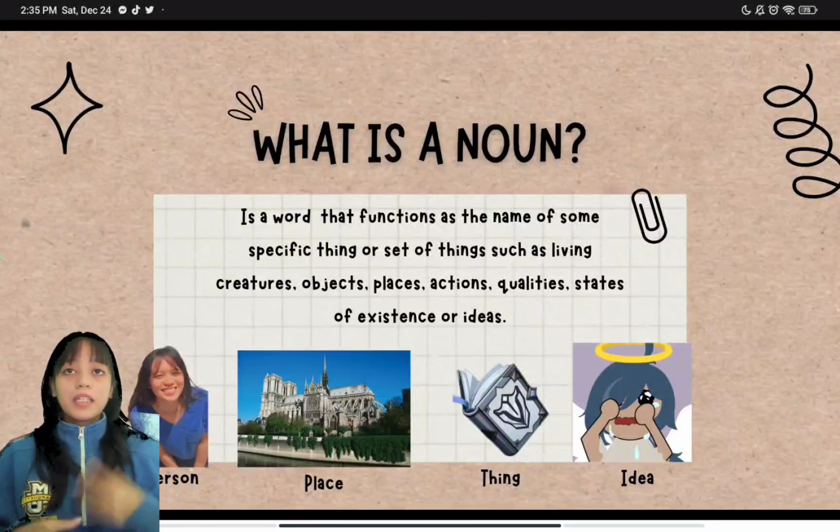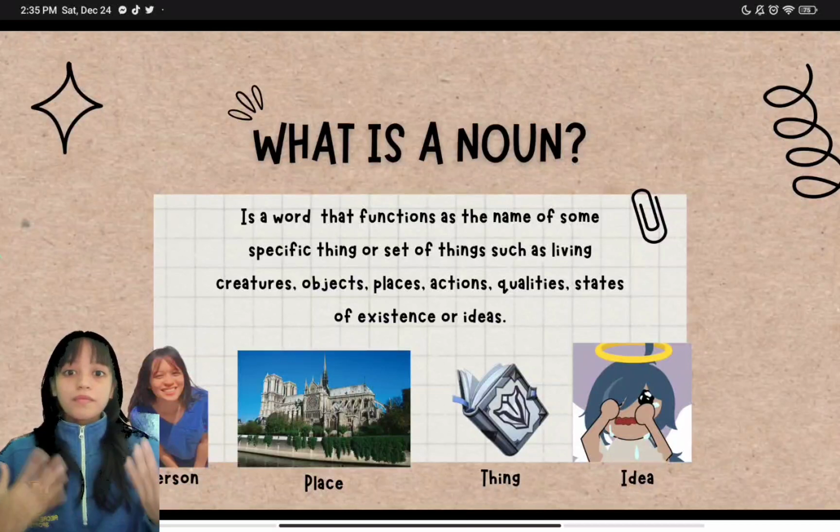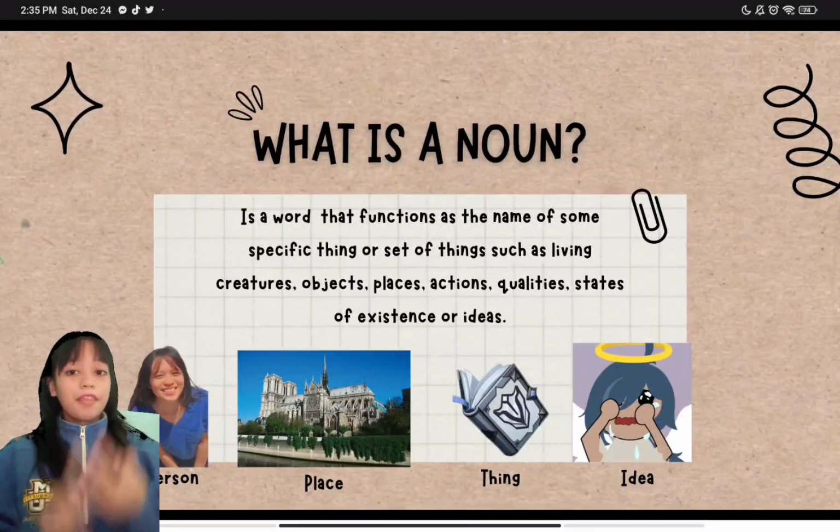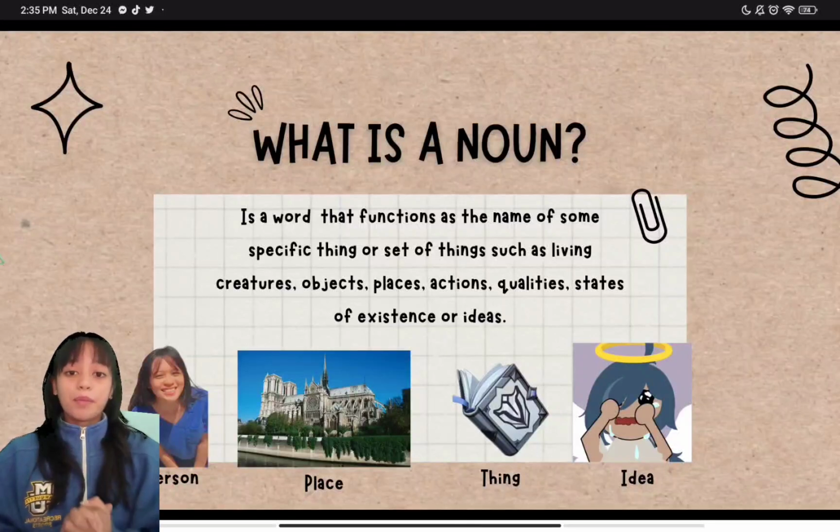So there are many identities, many labels for noun. A noun can be classified as a person, a place, a thing, or an idea. As you can see in the examples below, we have a person, a place, a thing, an idea.